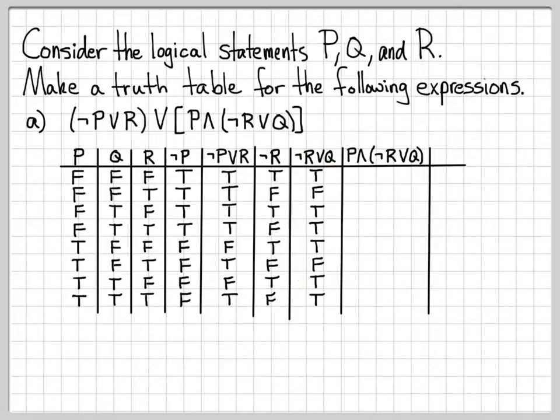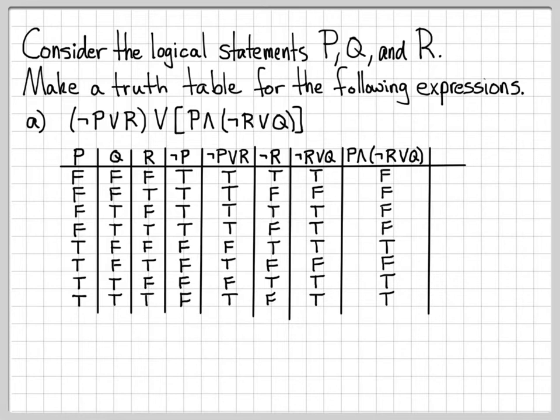The only time both of these are true is this row. I have that's true and that's true, so I'll have a true there. I'll also have trues here on these last two, because that's true and that's true, and that's true and that's true. Okay, so I'm going to have true entries there. Every other row has a false in it, so those are all going to be false. Okay, so we filled that in.